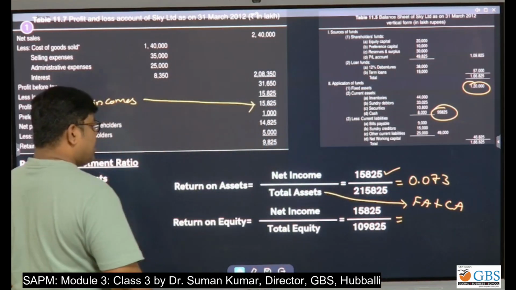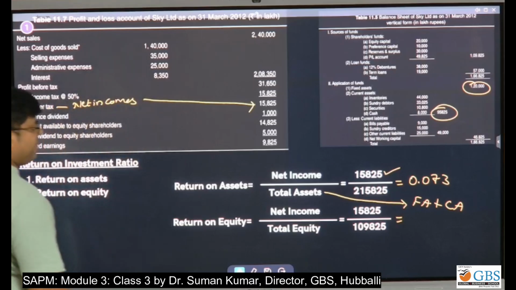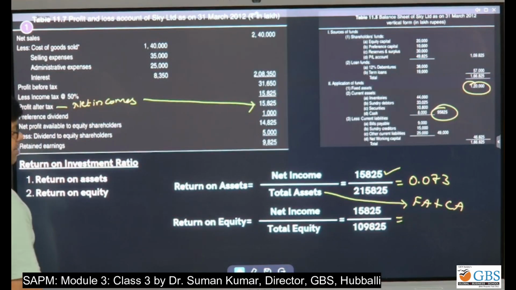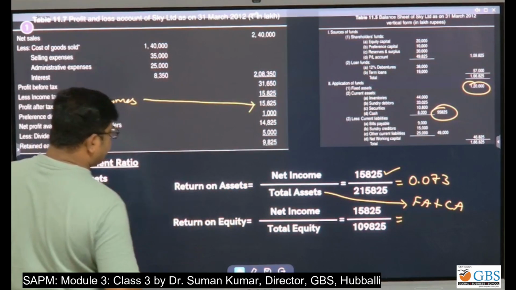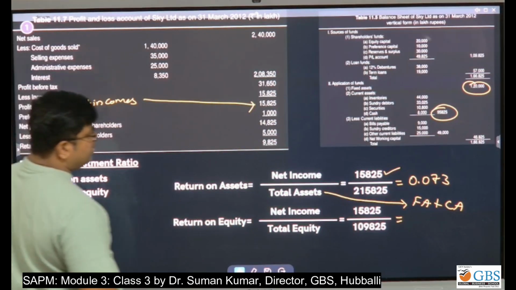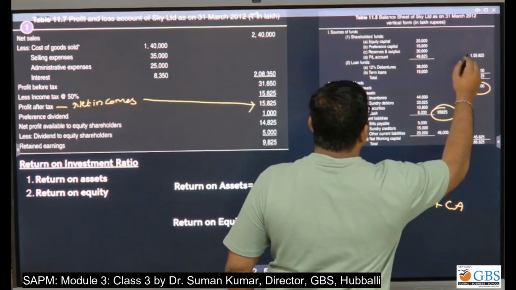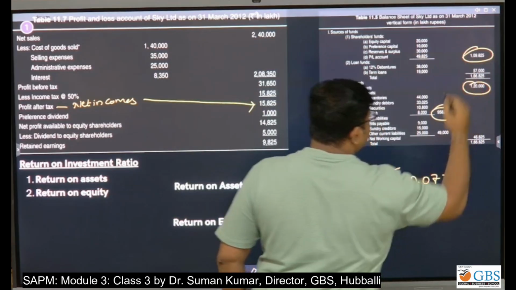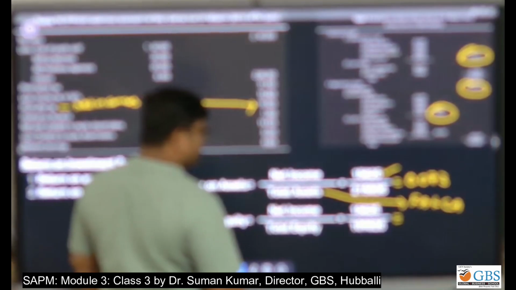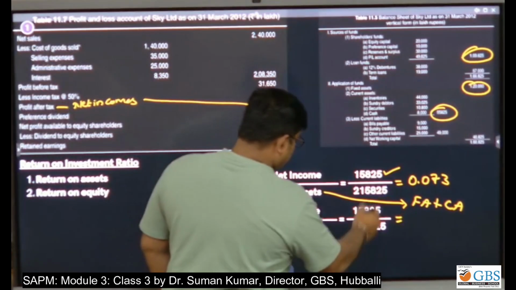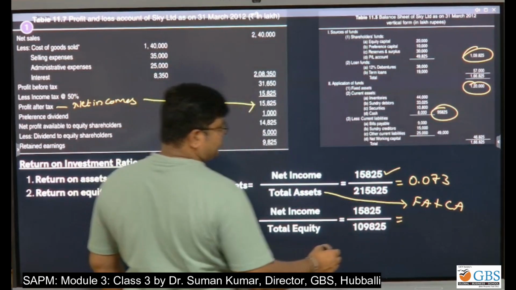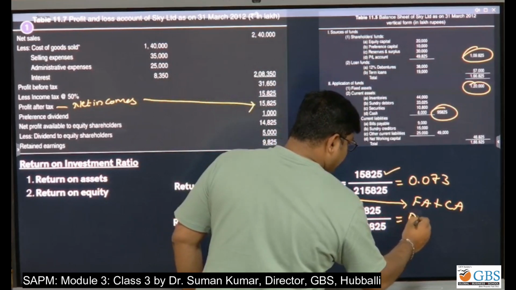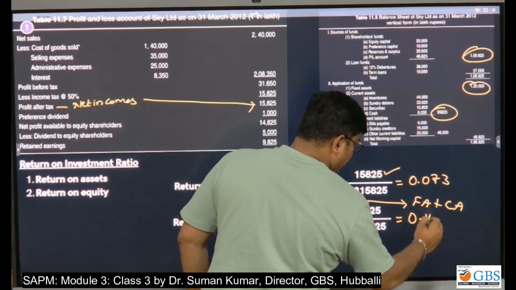Okay, next, net income divided by total equity, return on equity. Equity is overall shareholder funds, equity 1,09,825. What is the ratio? 0.144.